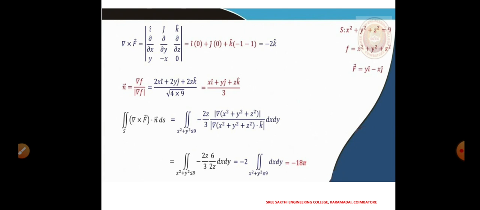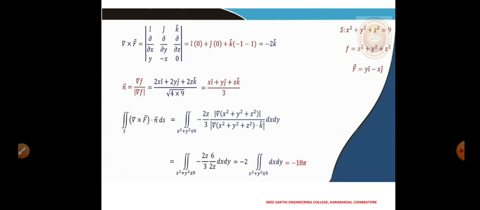Once projected on the xy plane, this is a disk with radius 3, whose boundary is just a circle. Therefore, we also have to multiply with the vector p vector, which is the k vector here.